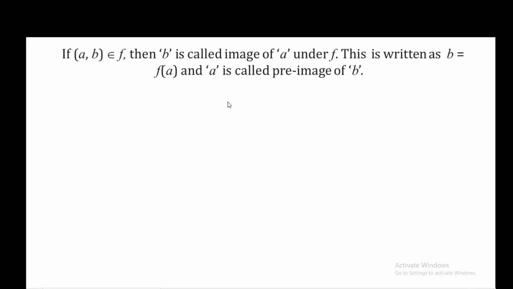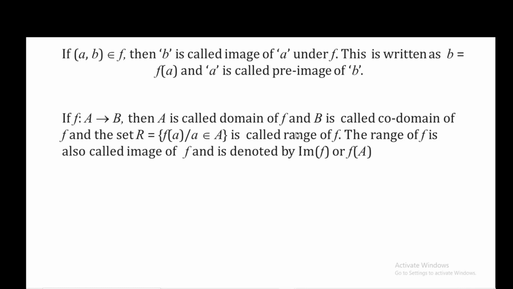Now, if f maps A to B, then A is called the domain of f and B is called the codomain. The set R equal to f of a, such that a belongs to A, is called the range of f.